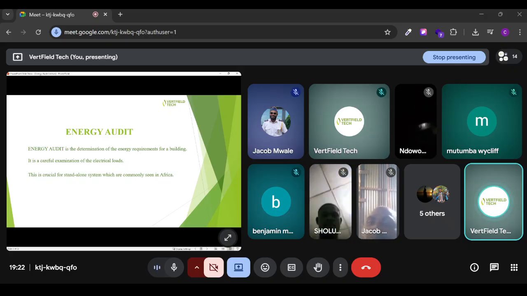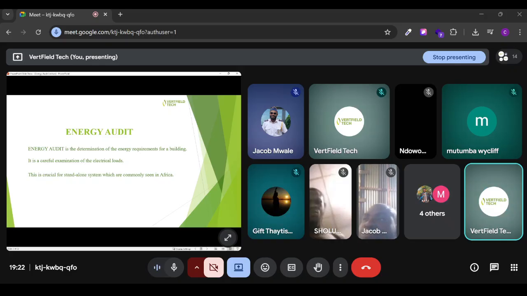What does that mean? It simply means that energy audit takes into consideration the energy requirement of your facility by providing you with information on the various appliances that you need to power up using the solar system, and doing a basic sizing on those appliances. It then gives you the information of the energy being consumed by those appliances.